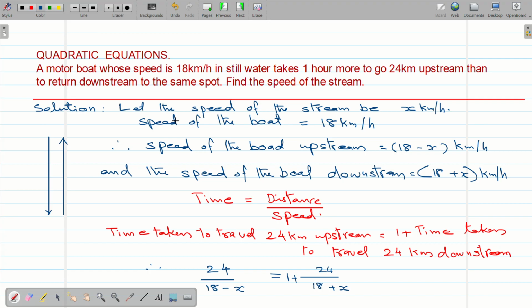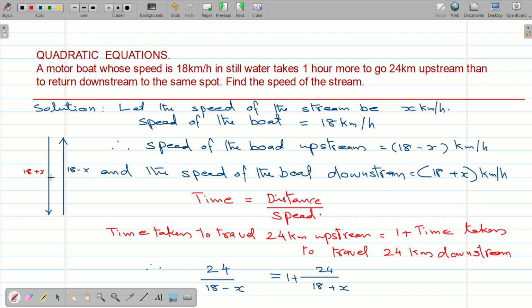Let the speed of the stream be x kilometer per hour. Speed of the boat is 18 kilometer per hour. Speed of the boat upstream, when it is going up, will be reduced by the speed of the stream, that is 18 minus x, and when it is coming down, the speed of the boat will be 18 plus x.